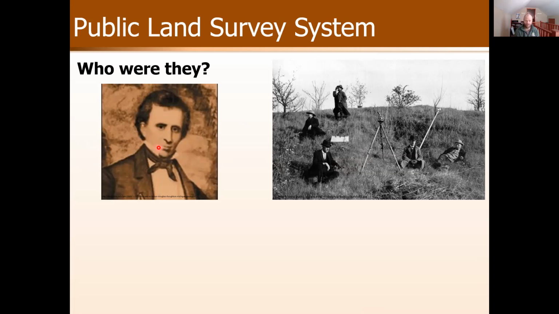Well, in fact, that is Douglas Houghton, which is the namesake of the town Houghton to the north of us here, Marquette, in the Keweenaw Peninsula. Douglas Houghton was a public land surveyor and also a geologist, and he is in fact the person who is credited with discovering the copper in the Keweenaw, and so at least making note of it.